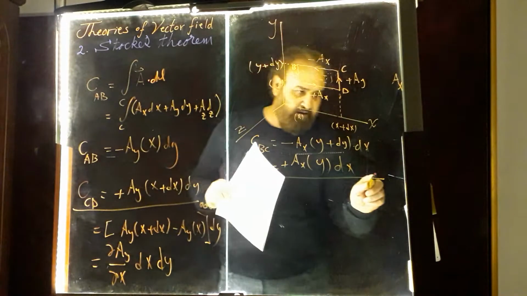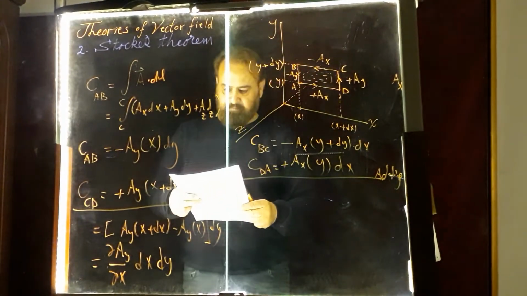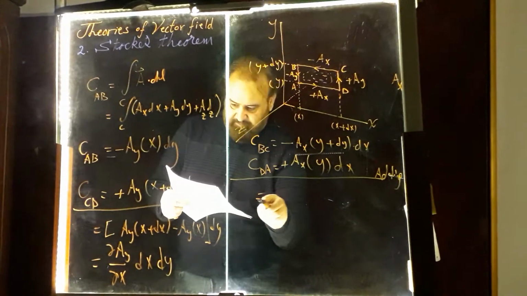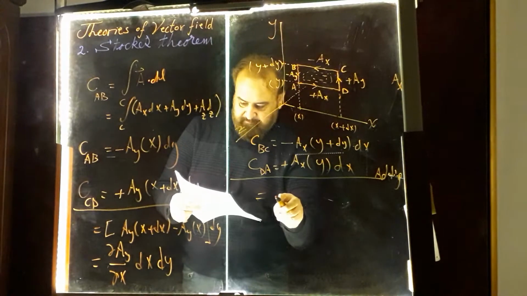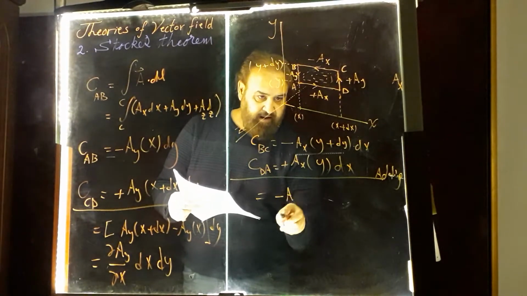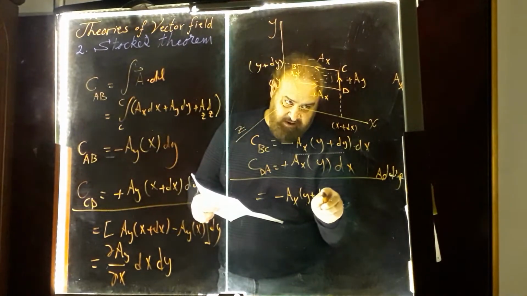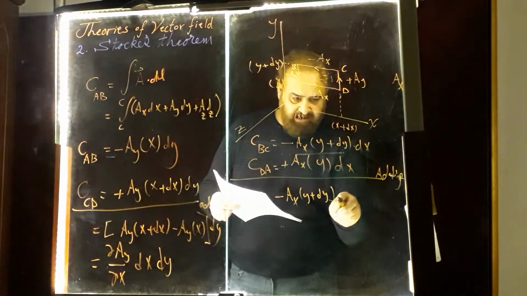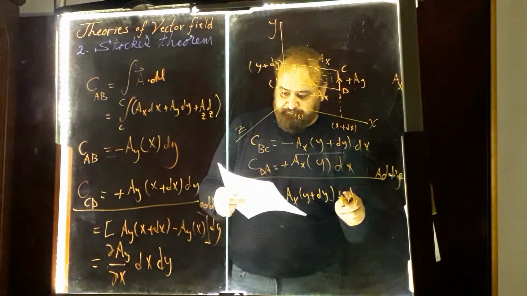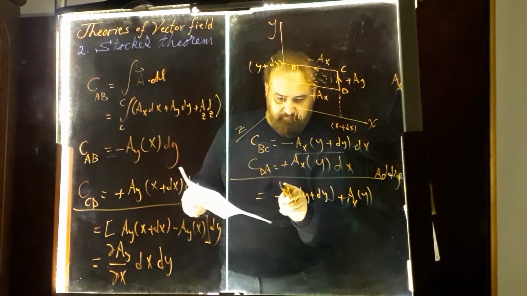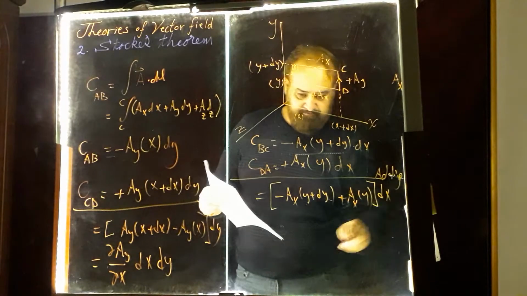Again, I will add them. I will get minus A sub x of y plus dy plus A sub x of y, all of them dx.